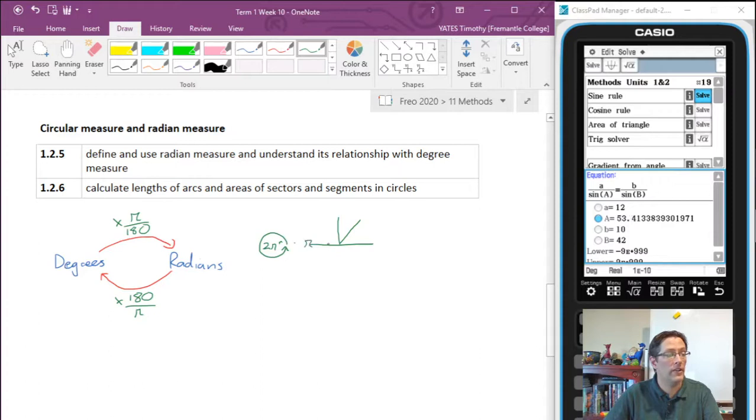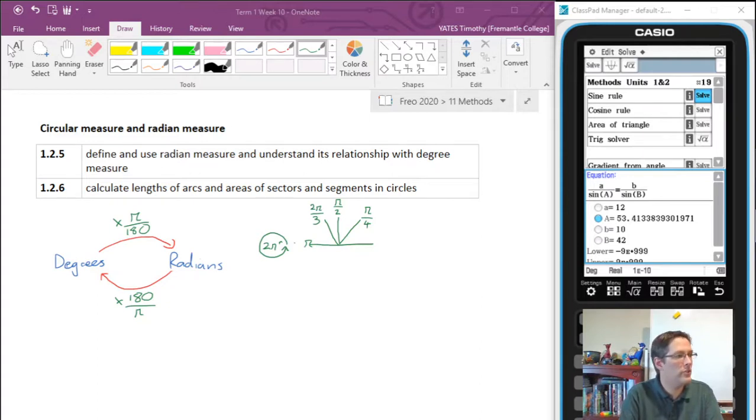So 180 degrees would be pi. This is a quarter of the way to pi, so I consider it pi on 4. This is halfway to pi, this is pi on 2. This is 120 degrees, which is 2/3 of the way to pi, 2 pi on 3. So these are things we should be thinking about when we're thinking about radian measure.